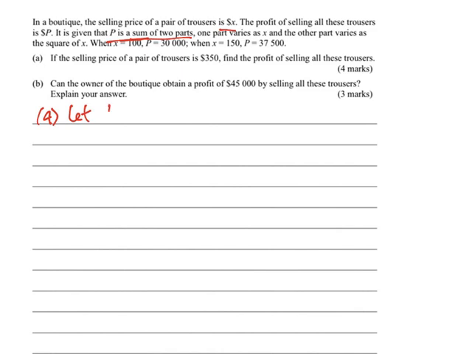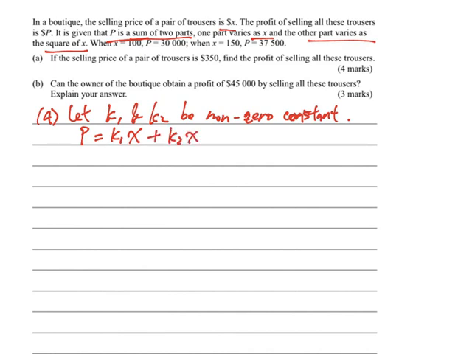So we let K1 and K2 be non-zero constants. So P is equal to, one part varies with x, so it's K1 x, and the other part varies as the square of x, so K2 times x squared.